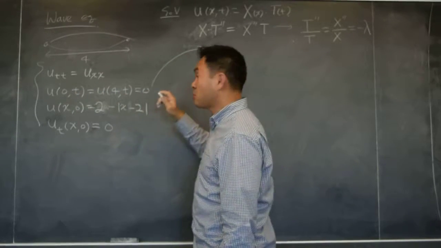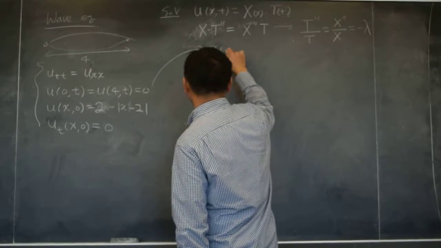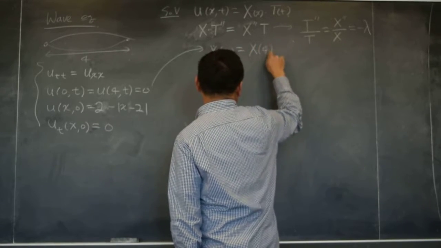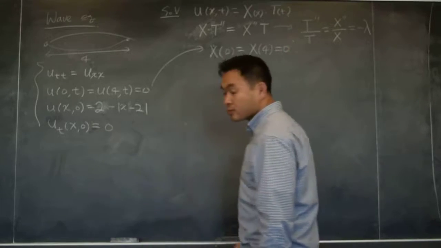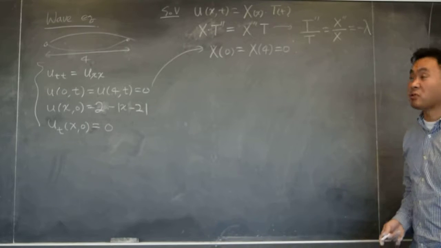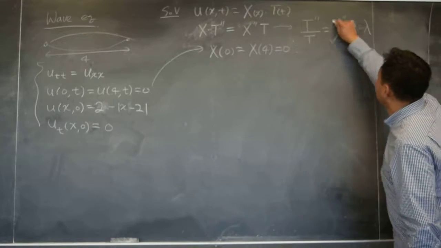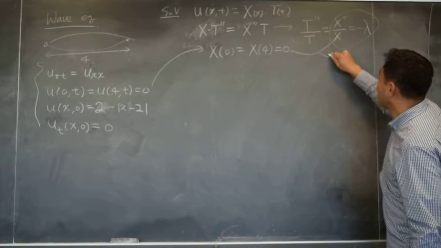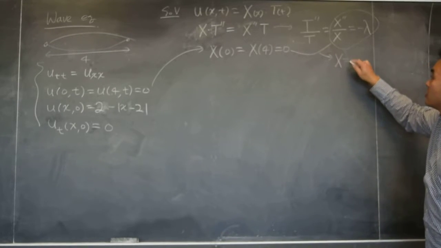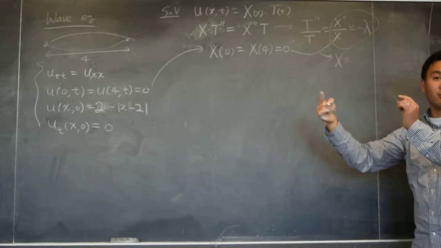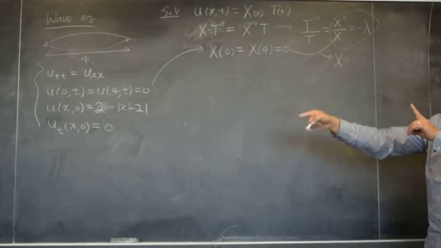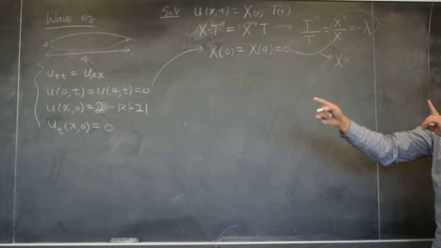Your endpoint becomes a condition on X only. X(0) and X(4) should equal 0, because if you set T(t) equal to 0, it gives you a trivial solution. And this one, along with this condition, gives you what X could be and what lambda could be. X should be, because you have the endpoints 0 and 0, what function is this?